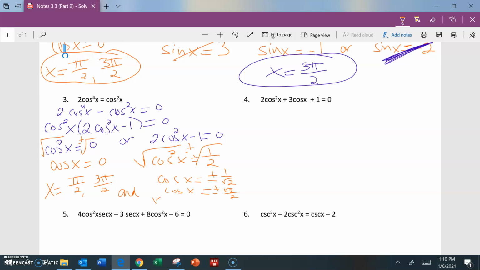So we're actually going to have 6 answers here. For this side, it's pi over 4, 3 pi over 4, 5 pi over 4, and 7 pi over 4. I am going to circle this so that you know what I'm talking about. So we have all 6 answers. All right.